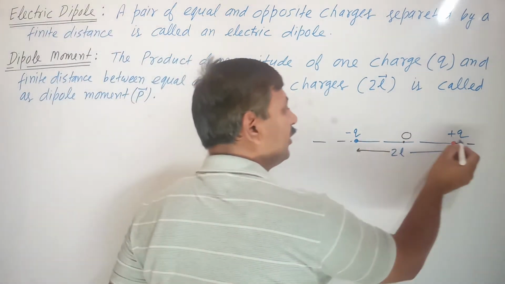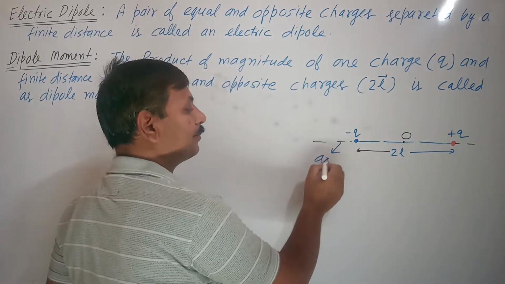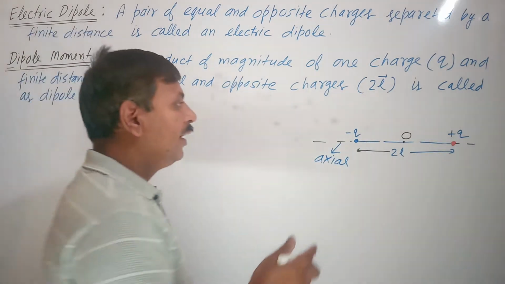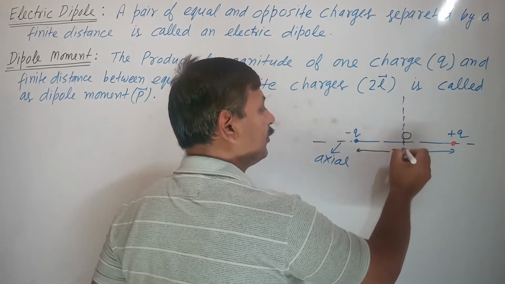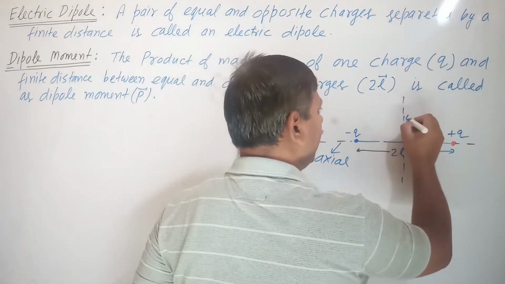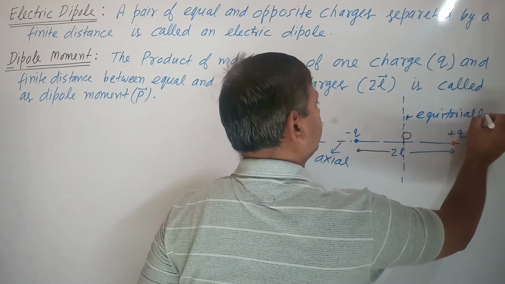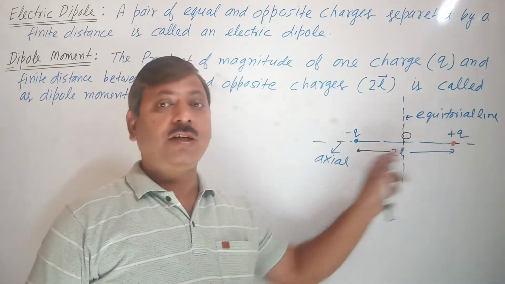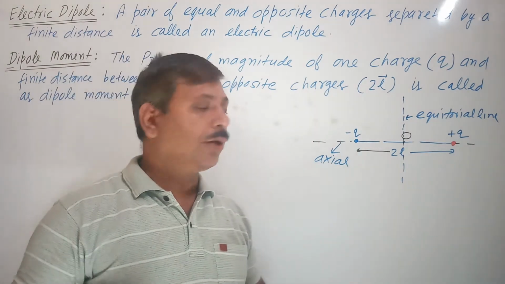The line joining the negative charge to the positive charge is known as the axial line. A perpendicular line passing through the center, perpendicular to the axial line, is called the equatorial line. So the line joining the negative charge and positive charge is the axial line, and the perpendicular line passing through the center is the equatorial line.